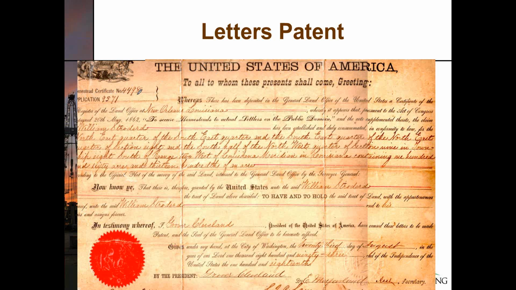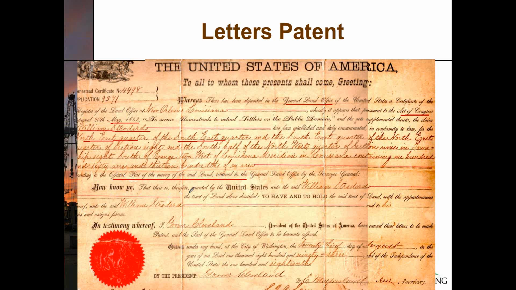It has a certain homestead certificate number, application number, and it says, whereas there has been deposited in the General Land Office of the United States a certificate of register at New Orleans, Louisiana, whereby it appears that pursuant to the Act of Congress dated May 20th, 1862, to secure homesteads to actual settlers on the public domain, the claim of William Stoddard, my great-great-grandfather, has been established and duly consummated in conformity to law for the, and then it gives the property description, northeast quarter, the southwest quarter, according to the official plat of the survey of said land, returned to the General Land Office.